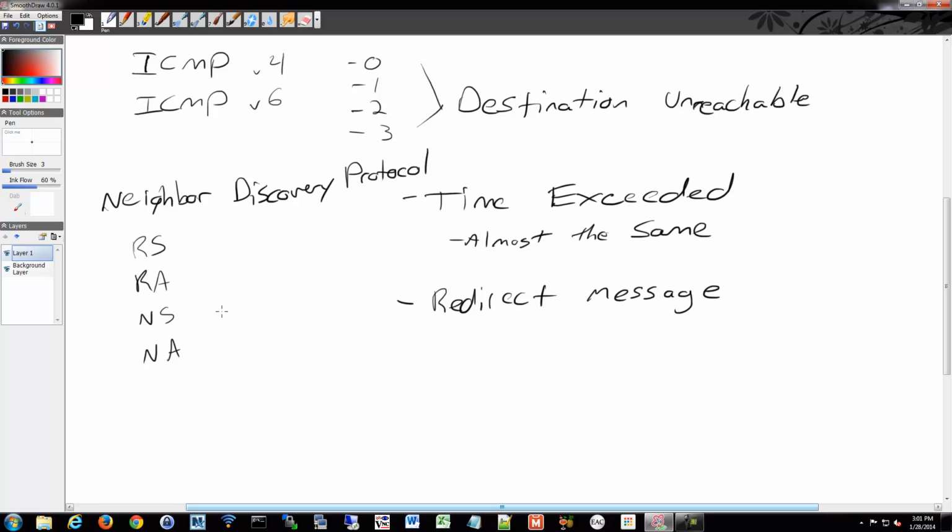It is used to determine the MAC address of a destination. We'll talk about this in the next video or so. When we get to the physical connections, we need some sort of address to get to the other side, because you're not always on a connection that only has one other device connected to you.